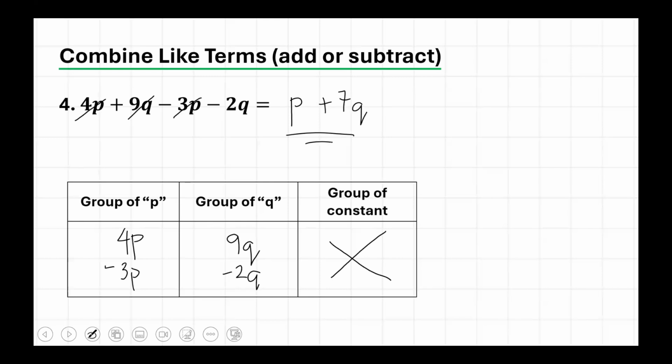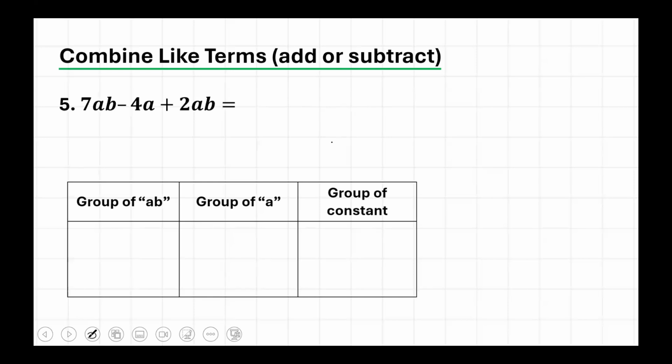And that's our answer. For number 5, we have 7AB minus 4A plus 2AB. As you can see, we have two groups again, a group of AB and a group of A. Since we don't have a constant, we will not write anything here. So we have a group of AB: 7AB and 2AB.